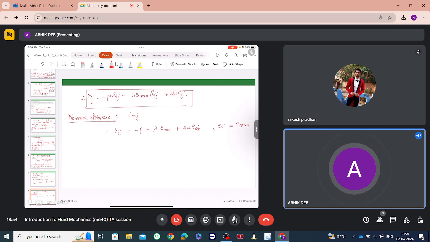So this is equal to minus p plus 2 mu plus lambda eii. This p is the thermodynamic pressure. We take it to this side. So p is equal to minus tau ii plus twice mu plus lambda eii.